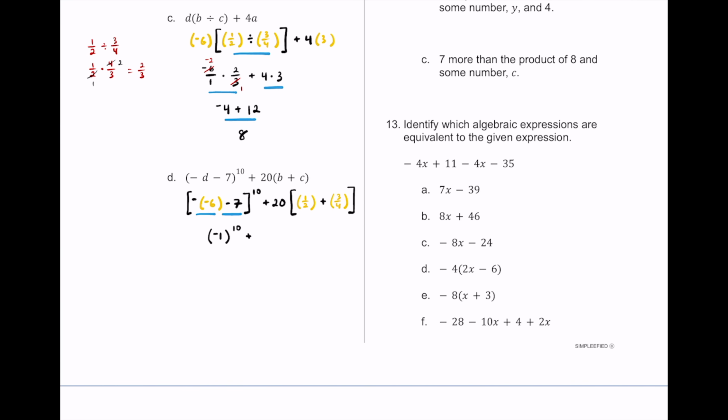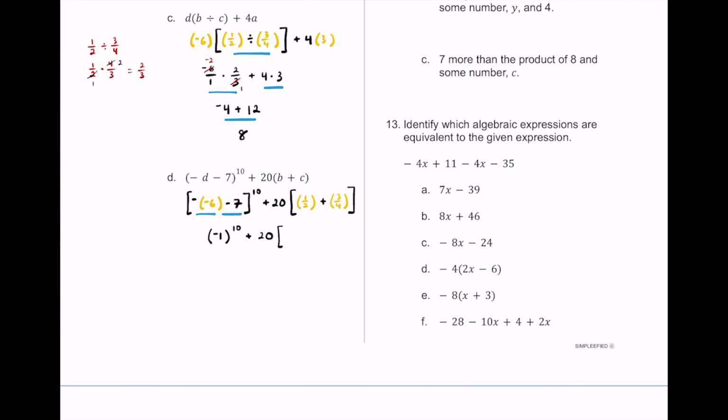Again, the opposite of 6 ends up being a +6, and a +6 take away 7 is going to be -1. So hopefully that makes sense. If you want to write it in 2 steps, feel free, but I think it's okay just because the opposite is just a regular 6.